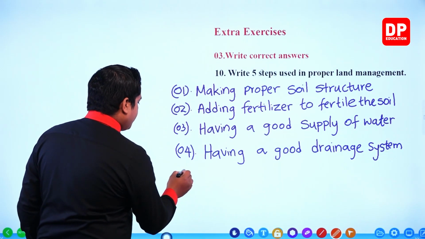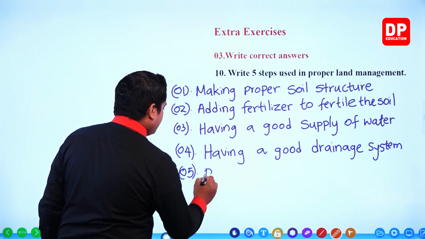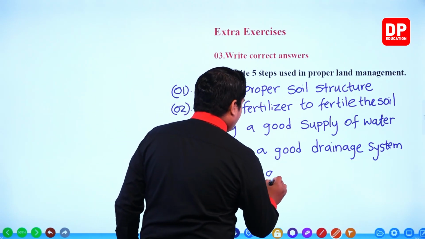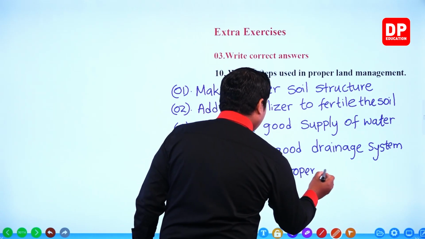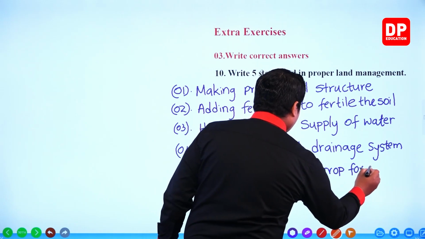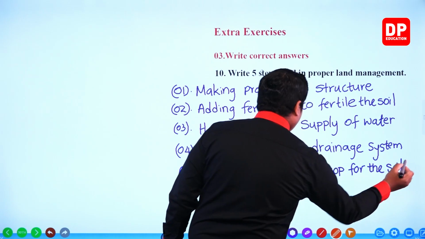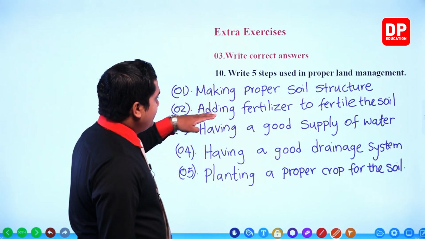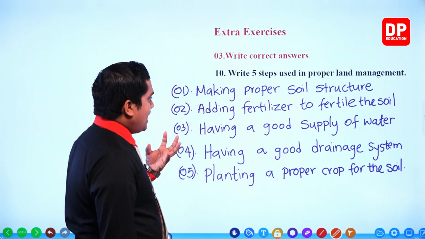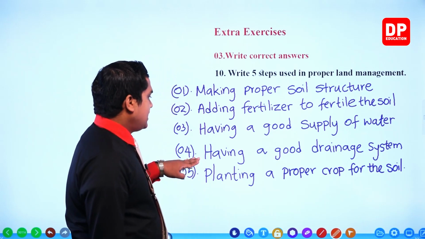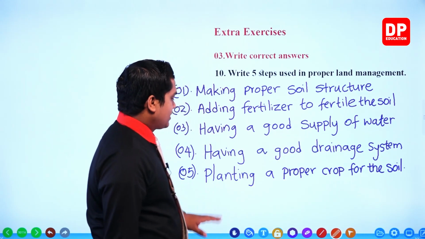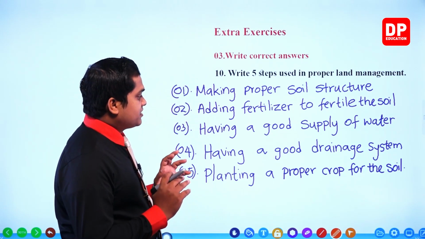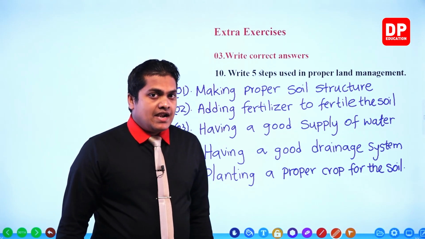Then, my dear children, finally, planting a suitable crop. So, making proper soil structure, adding fertilizer to fertile the soil, having a good supply of water, having a good drainage system, planting a proper crop for the soil. So these are some steps or 5 steps that we can follow in proper land management, my dear children.